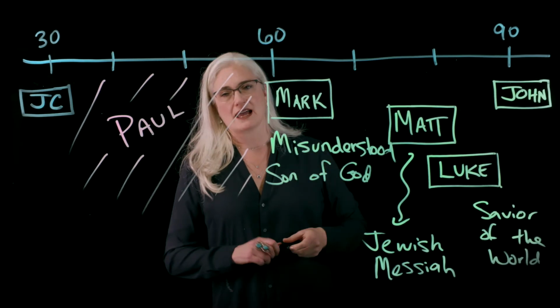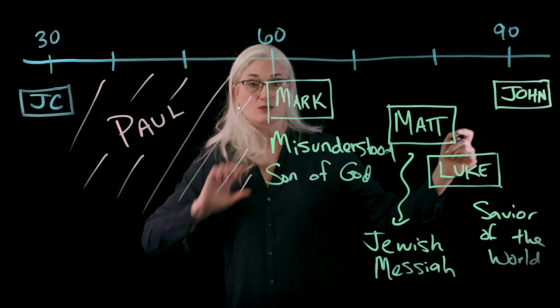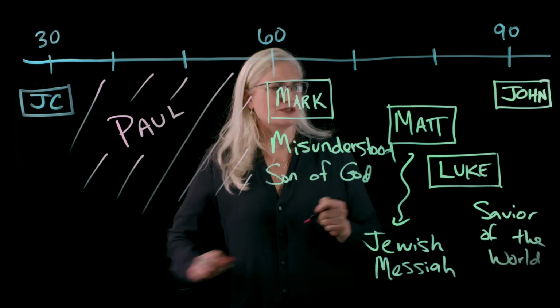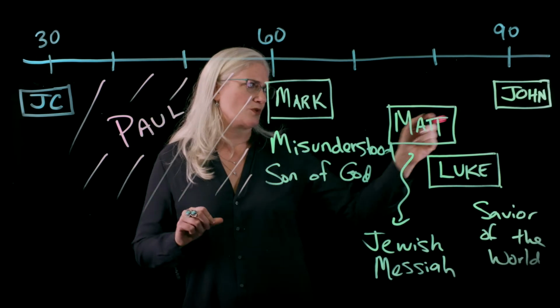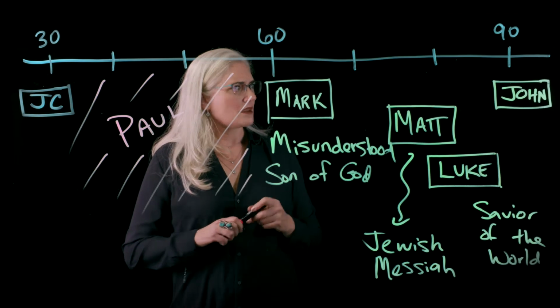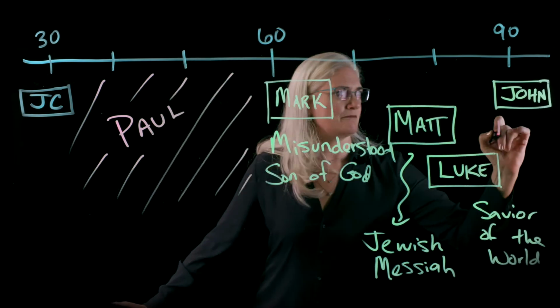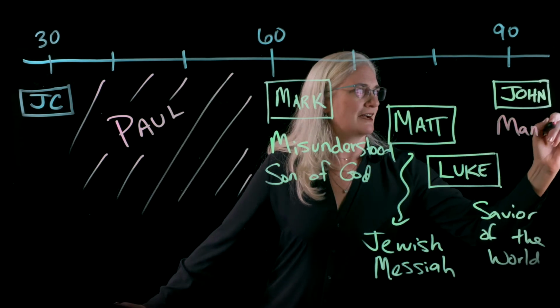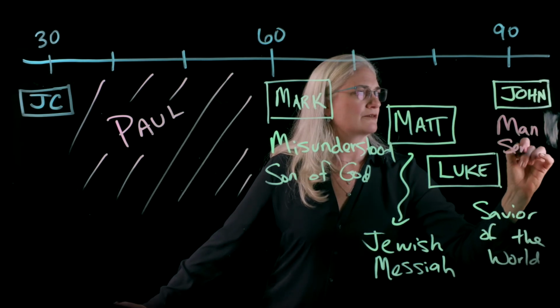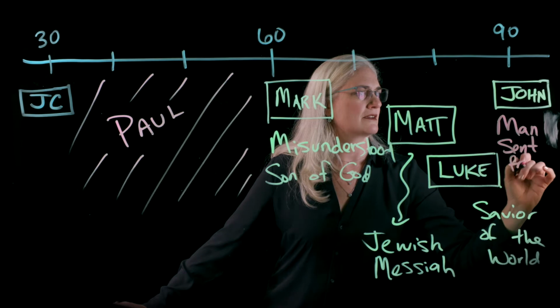And then, of course, we get the depiction of Jesus in John, which is, I can't remember the summation that Ehrman uses. I'm not sure that he even uses one in his text, but he is the man sent from heaven, right? Man sent from heaven.